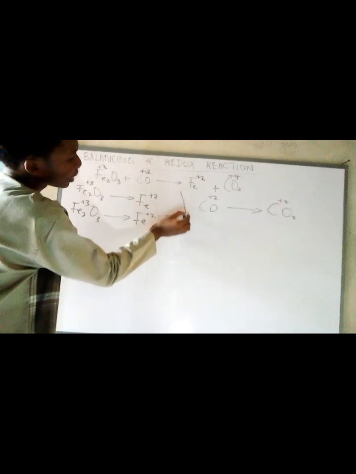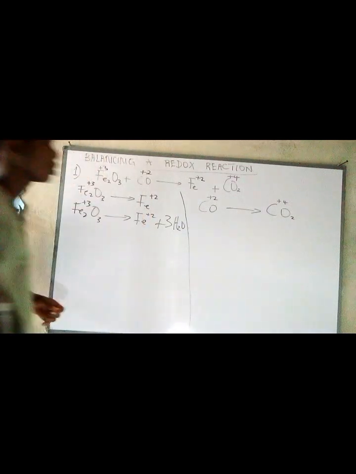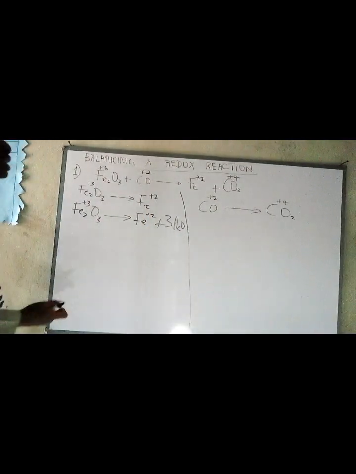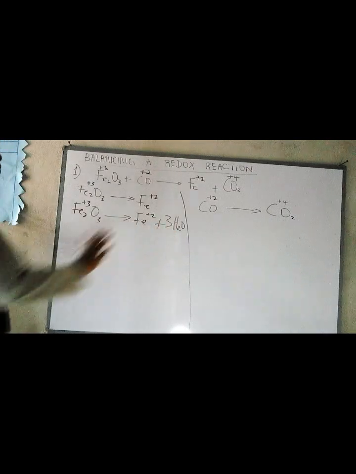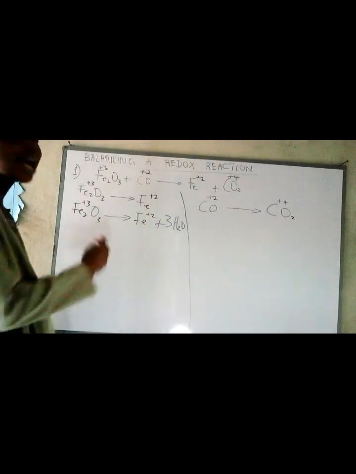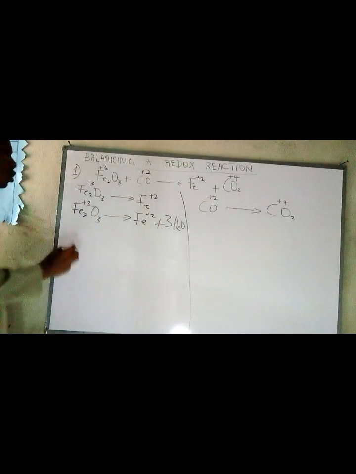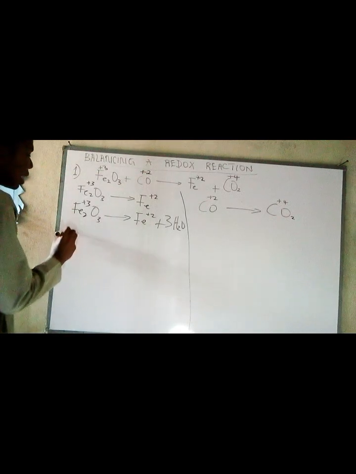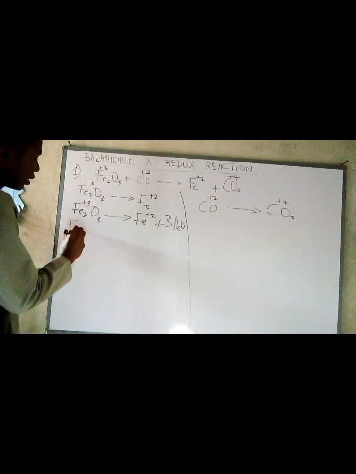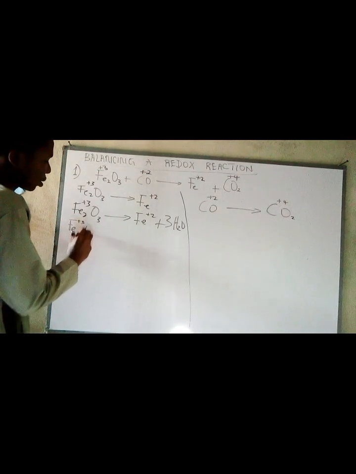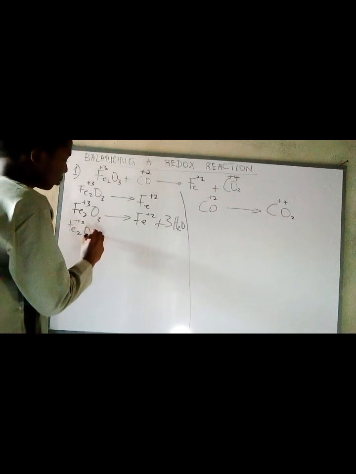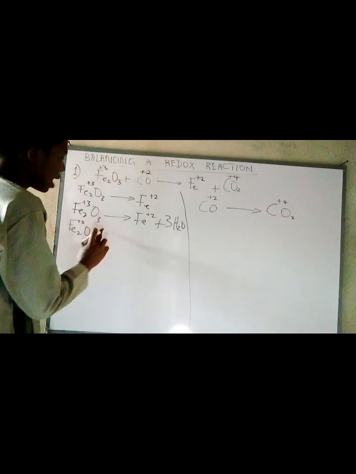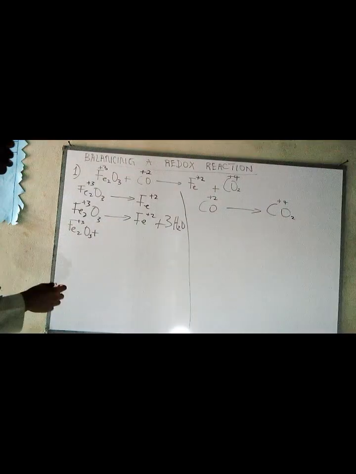I think we should demarcate here. So from here, what do we now do? We now see that hydrogen is here, but hydrogen is not here. So we add hydrogen ion to this side of the equation. Now how many hydrogen ions do we need?